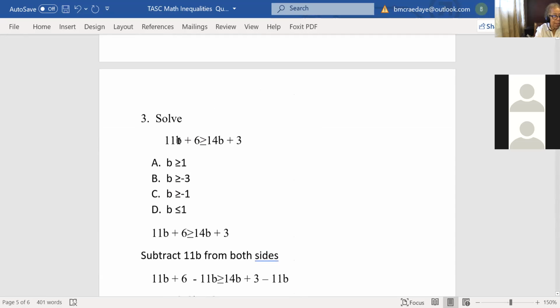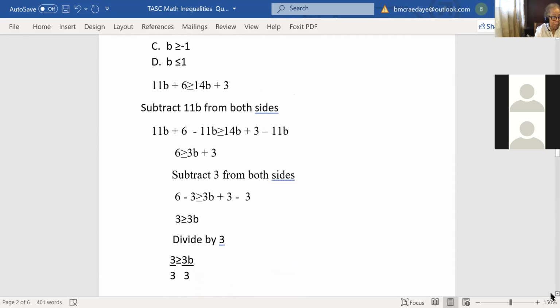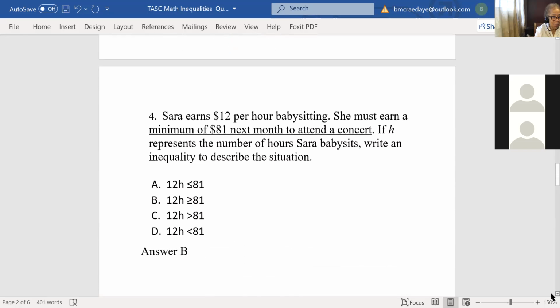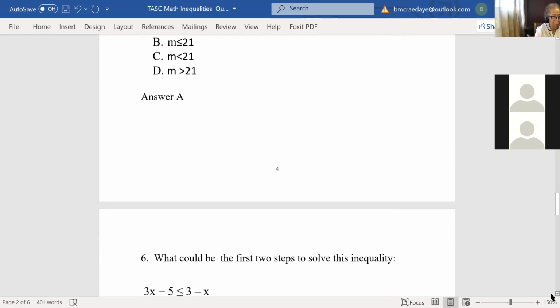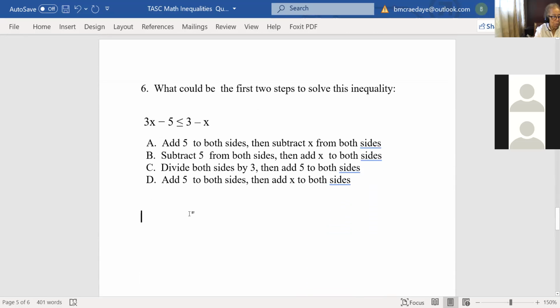When we solved this, we know what we did, and I said we could have done it differently, right? The one you're looking at is the same kind of problem, except I'm asking what could be the first 2 steps. Vanessa, you tell me the first 2 steps you could do to solve this.